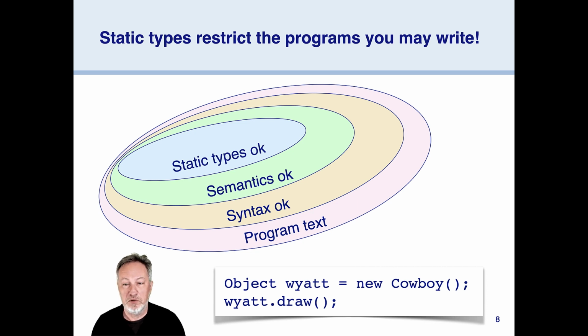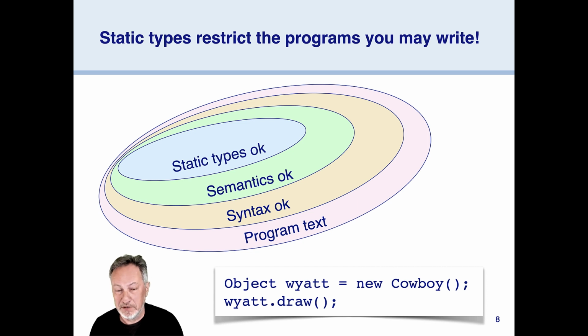But some of those make sense to execute and some don't. So, for example, it's syntactically okay to pass an integer to a function that expects an applet, but semantically it doesn't really make sense. So there are some semantic restrictions. On the other hand, there are lots of programs which are semantically okay, that make sense, but perhaps from the perspective of the type system, they're not okay.